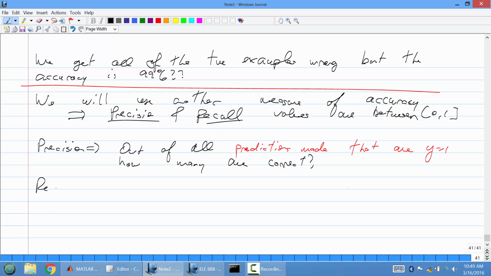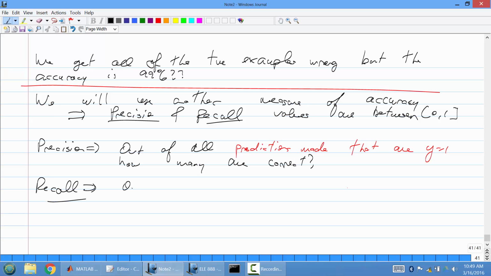Recall is something related. Recall is, out of all of the examples in the training set that are positive, how many did you classify correctly? So precision is localized: out of all the predictions you made, how many of them are positive and correct? And recall is, out of the entire data set where it's positive, how many of them are correct?